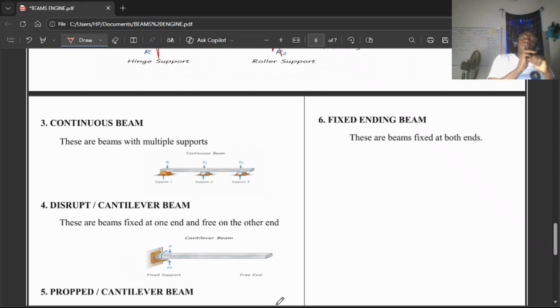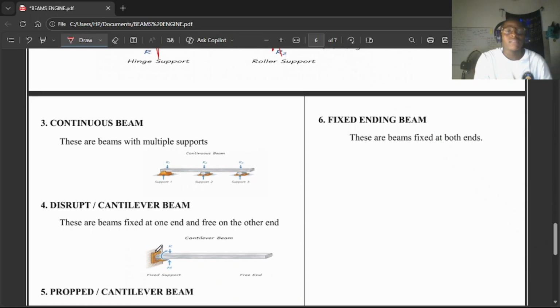A distal cantilever beam is a beam fixed at one end and free on the other end. These are beams fixed at one end and free on the other end.